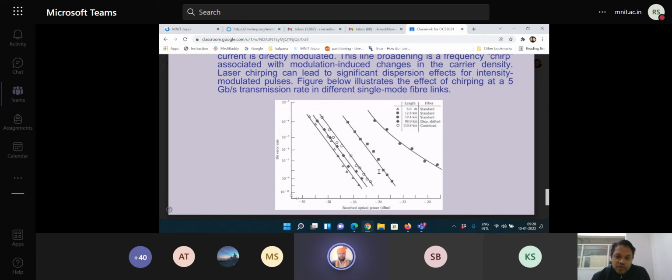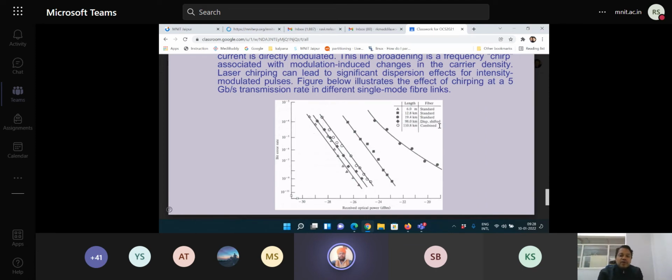If you're using a dispersion shifted fiber, the performance is given by this line, which is the second from the left. And this last one indicates a length of 110.8 kilometers, and the fiber here is mentioned as combined.